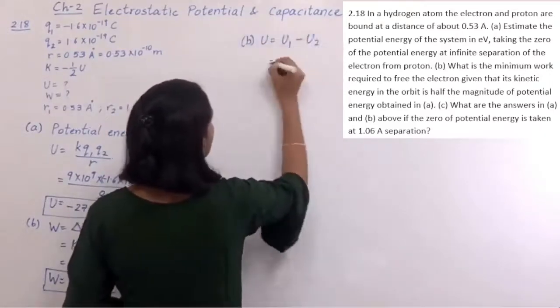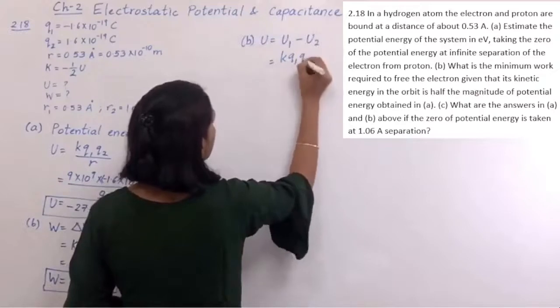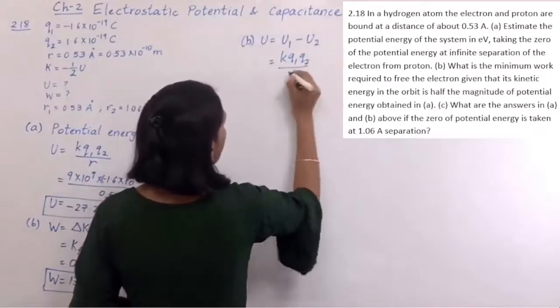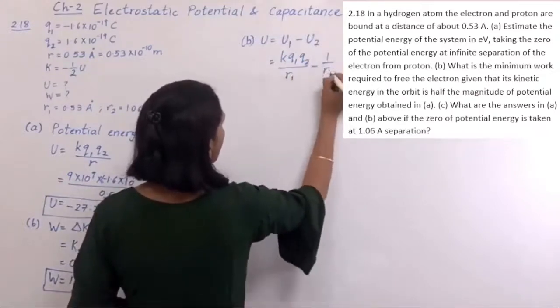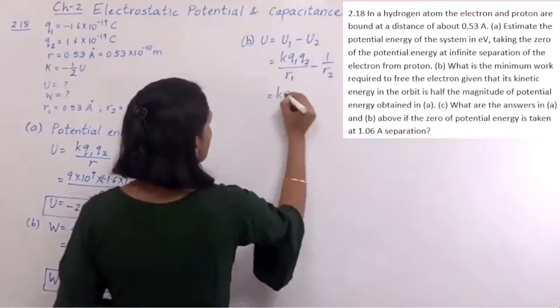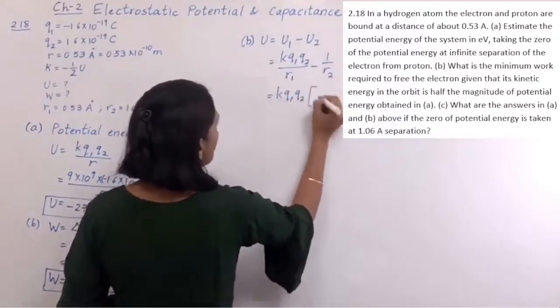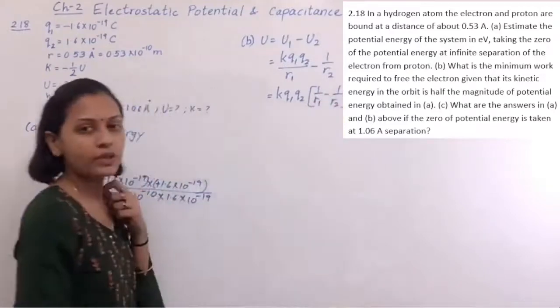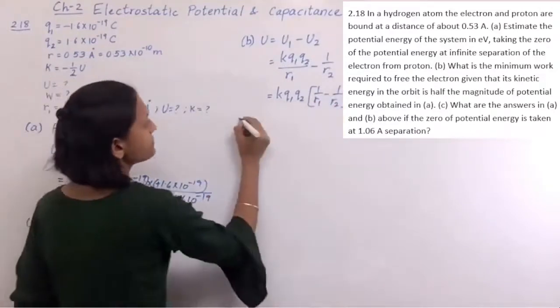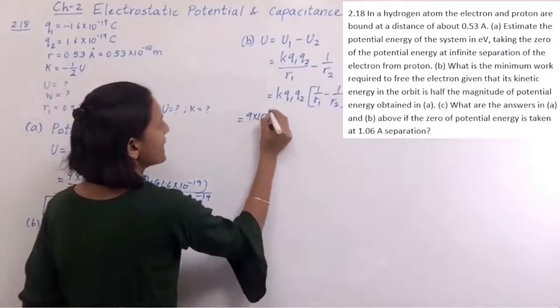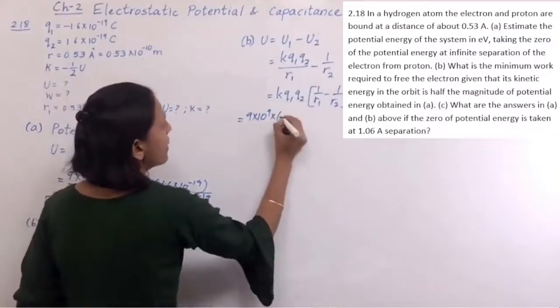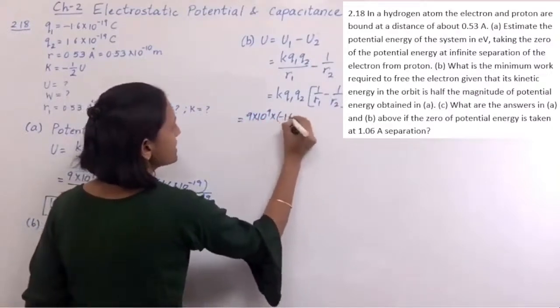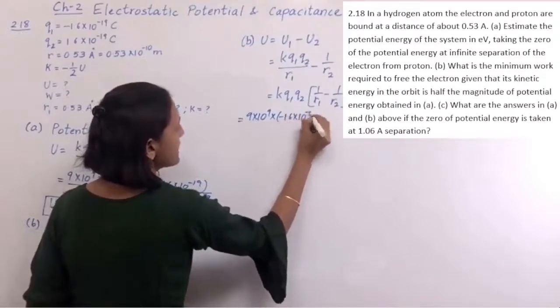So U equals U1 minus U2 equals k q1 q2 into bracket 1 upon r1 minus 1 upon r2 equals 9 into 10 raised to 9 into minus 1.6 into 10 raised to minus 19.